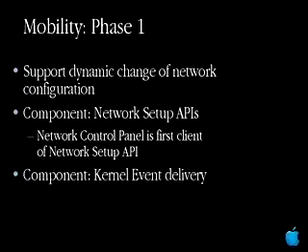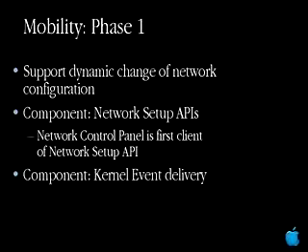One of the components of this is the network setup APIs, and one of the first clients of this will be our new network control panel. And this allows us to have a common view of configuration information and to interlock access to that information so that multiple applications could be modifying this information or watching for modification at the same time.